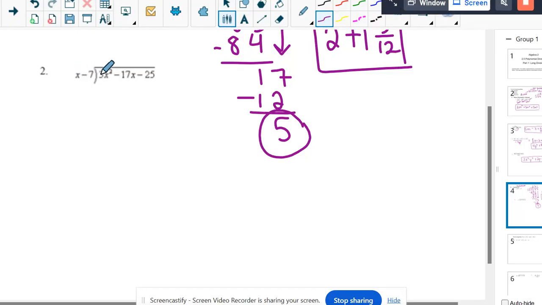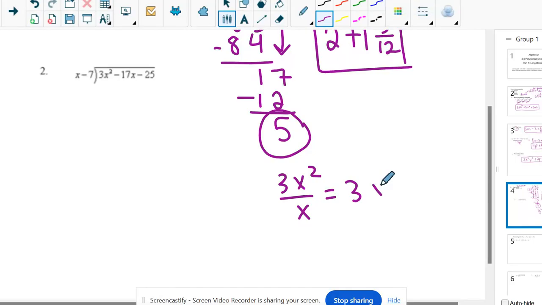So 3x squared divided by x is what? 3x. So we put 3x up here. It's like asking, how many times does x go into 3x squared? That's 3x.